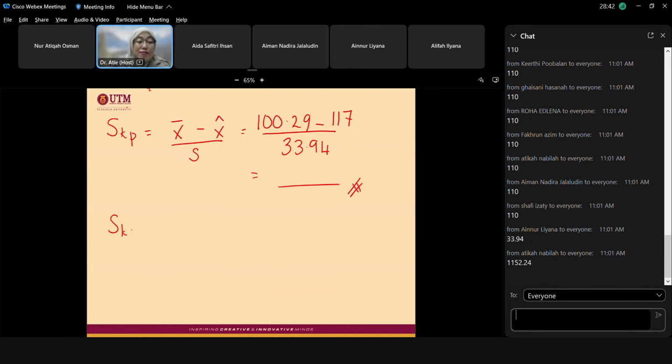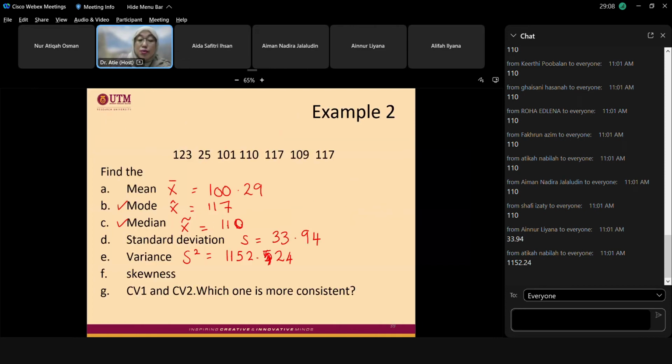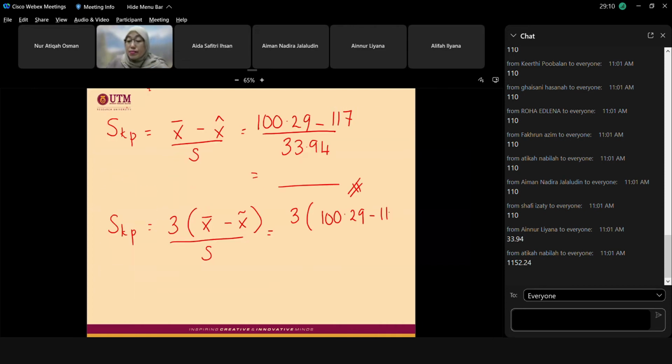For the second formula, which is the median formula, it's 3 times x bar minus the median, divided by s. So we have 3, the mean is 100.29 minus the median is 110, divided by 33.94.